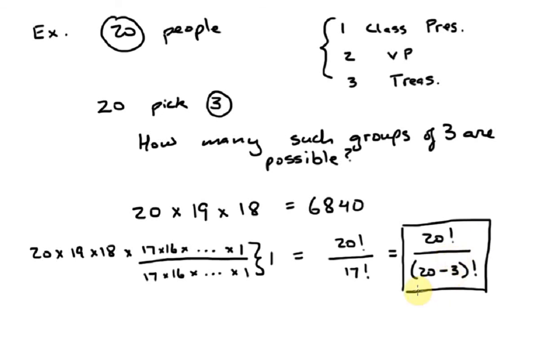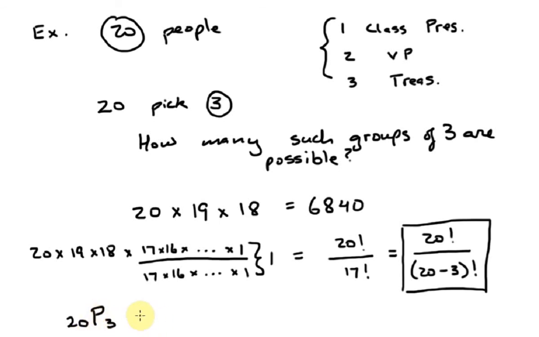Well, your calculator has a way of writing that, and it looks like this. It says 20 pick 3, and this actually means the same thing as this very example. There are 20 uniquely different things to choose from. We're going to pick 3 of them, and the order matters. So 20 pick 3.